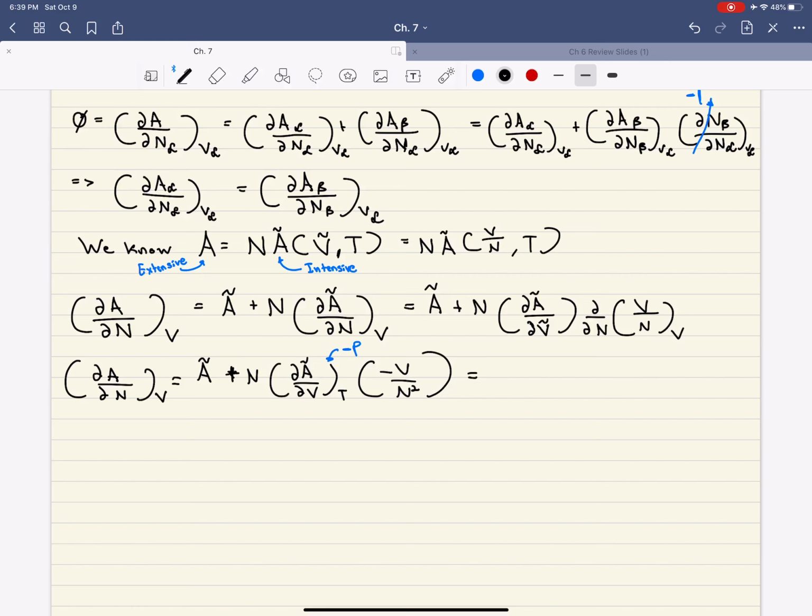All right, and so when we simplify this equation out, what we get is that we have N, or minus N P V over N squared. One of these N's cancels. And then what we're left with is a V over N, which we know is just molar volume again.